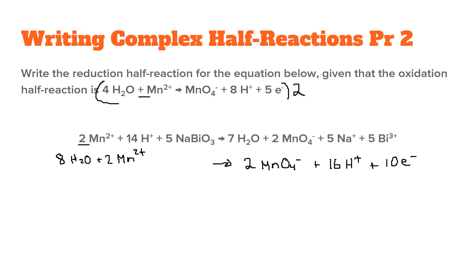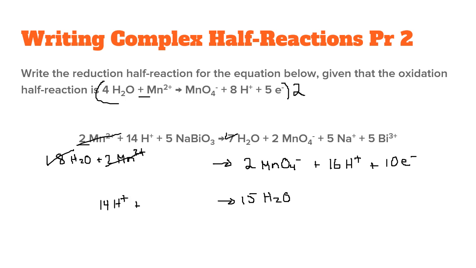So now as we go through and subtract, 0 waters minus 8 waters is negative 8, so we move that to the product side and combine it with the 7 that were already there to give us 15 H2O. 2 Mn2+ minus 2 Mn2+ cancels out. 14 H plus just comes down.